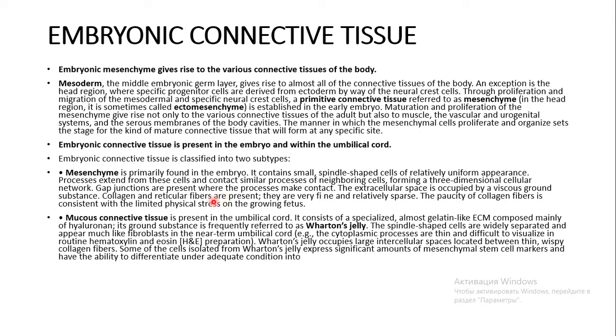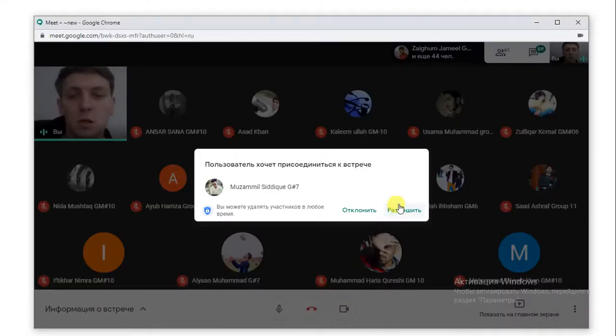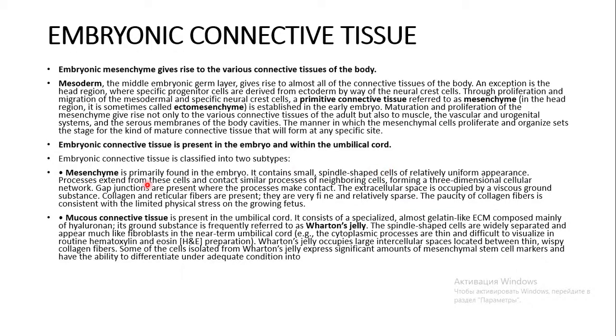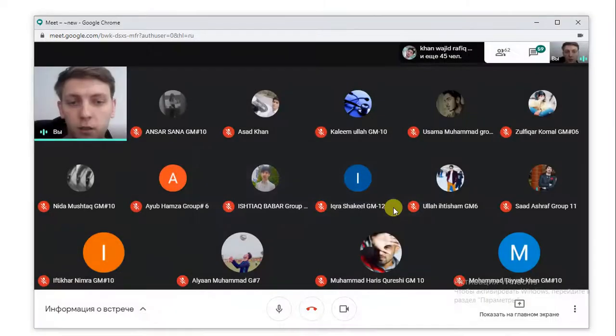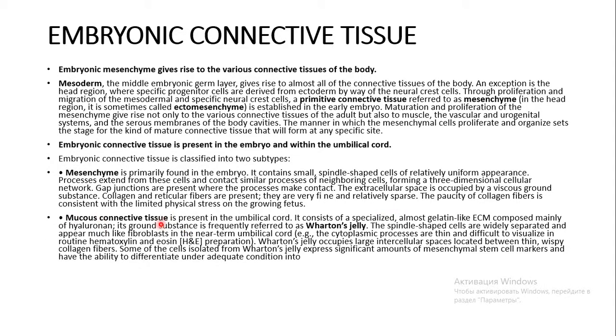And in most organs of our body, they are shaped with the help of mesenchymal cells, like kidneys, liver, all the parenchymal and non-parenchymal organs; they are partially produced by these mesenchymal cells. And we don't forget, we have mucous connective tissue, also known as Wharton's jelly.